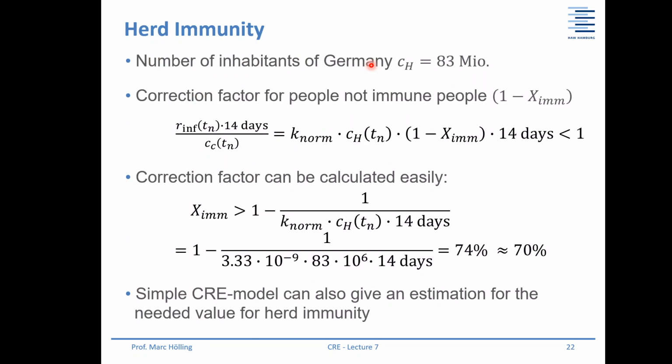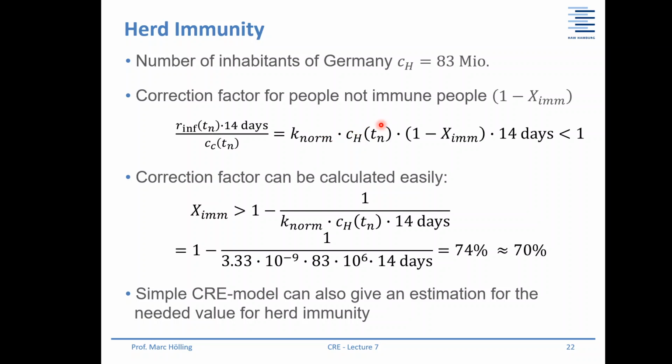Okay, number of inhabitants of Germany: healthy people, 83 million. Then we need the correction factor for the people that are not immune. We want to know how many people have to be immune so that they are not getting infected.